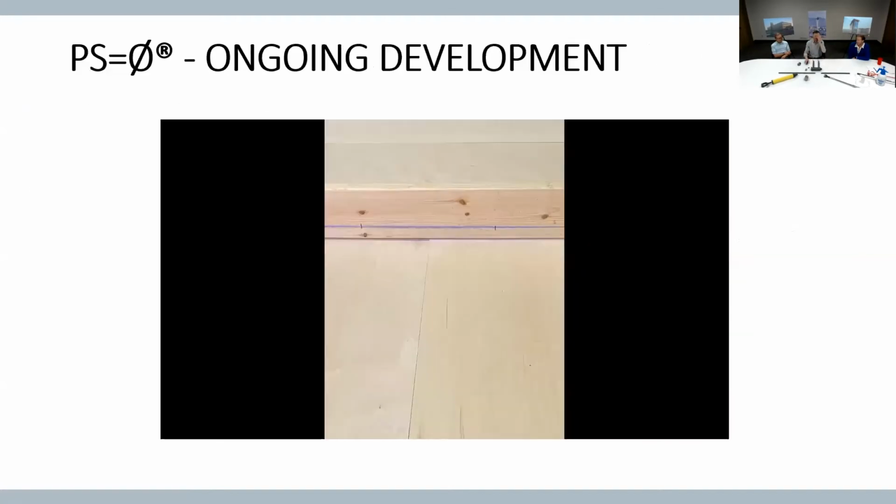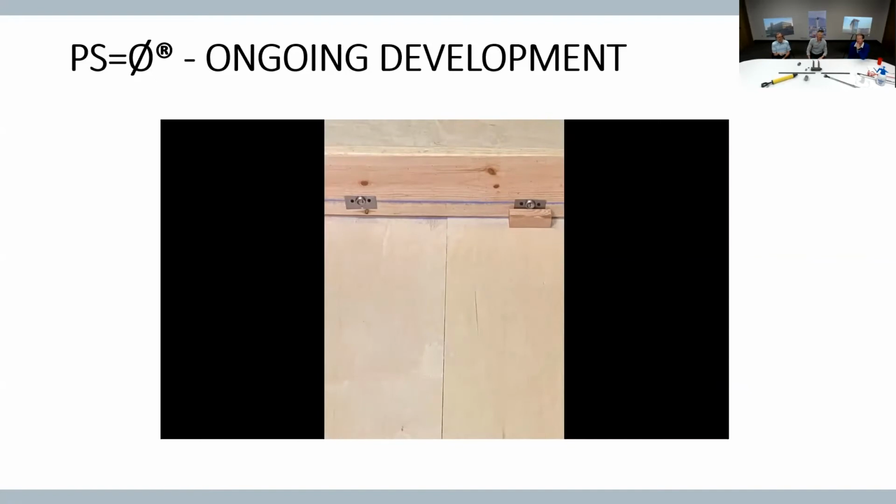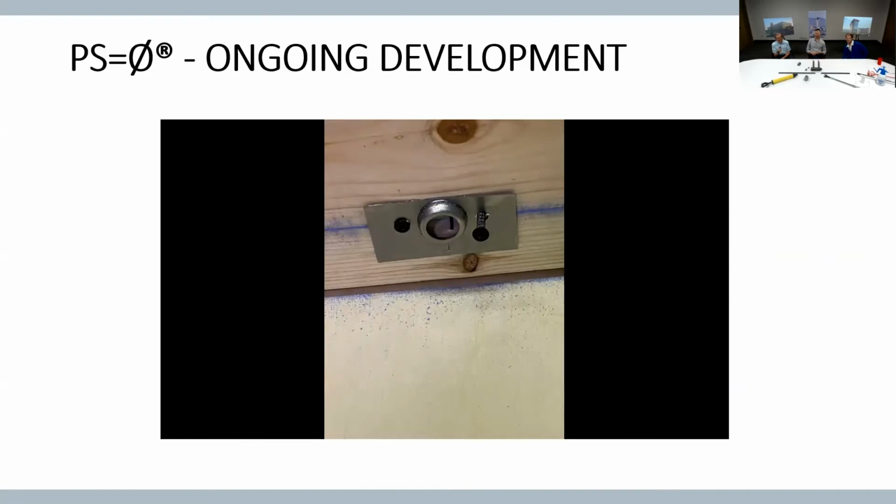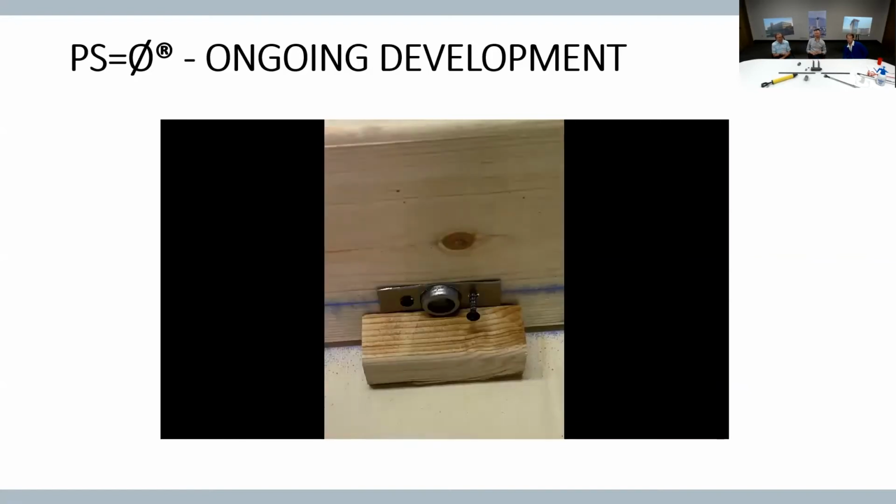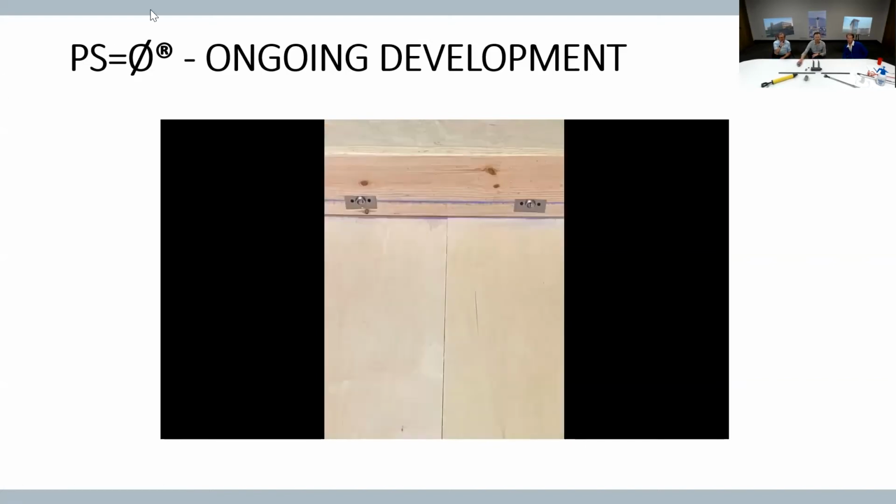We're going to move on to talk a little bit about just a few developments that we've had since some of these first installs and how we modified the coupler. If you look at the ICC ES report, it has the newest coupler in it actually. These are basically form placers, as we call them, where you can nail or screw them to the form, and then you can put the coupler directly to it.